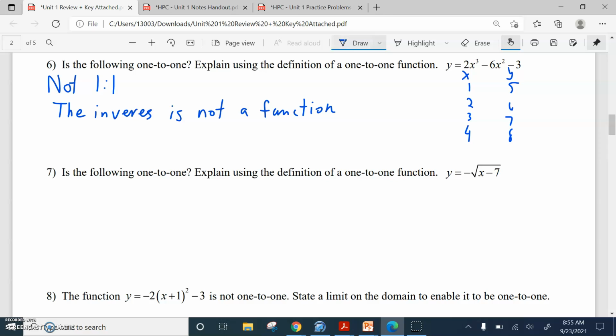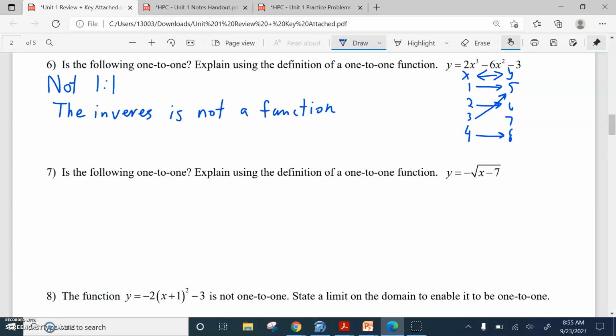So if the original relation is a function, that's fine, but the inverse would be where we actually switch our x's and y's so that y is now our input and x is our output. So in this case, you might be able to say 1 goes to 5, 2 goes to 6, but 3 also goes to 5, and 4 goes to 8.